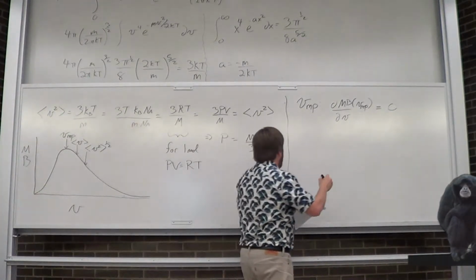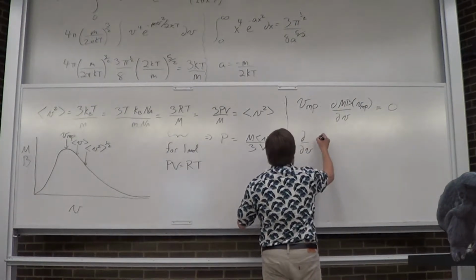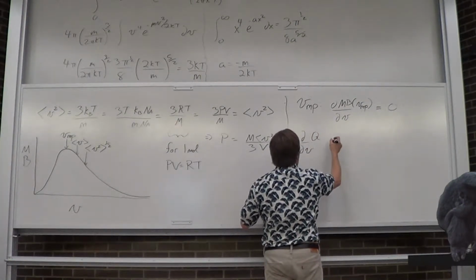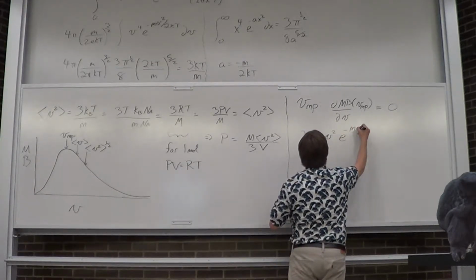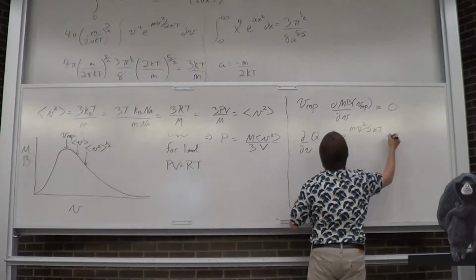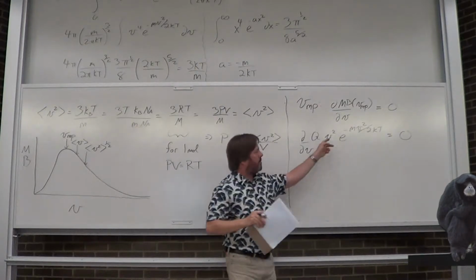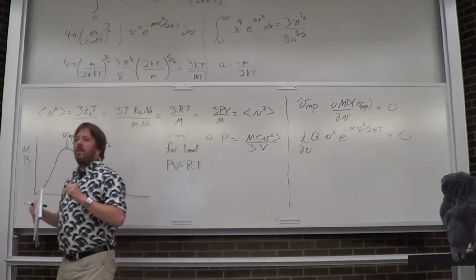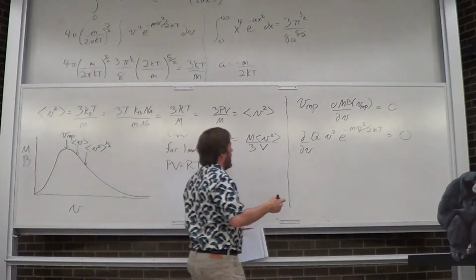So, let me put all the constants as a q. I've got v squared e to the minus mv squared over 2kT equal to 0. Now I need to be putting most probable into the v's as soon as I set it equal to 0, but let me just keep going.